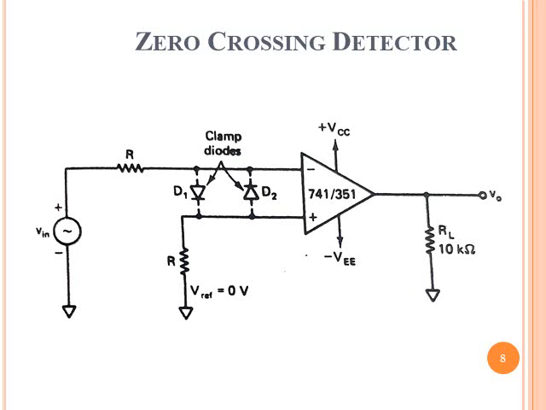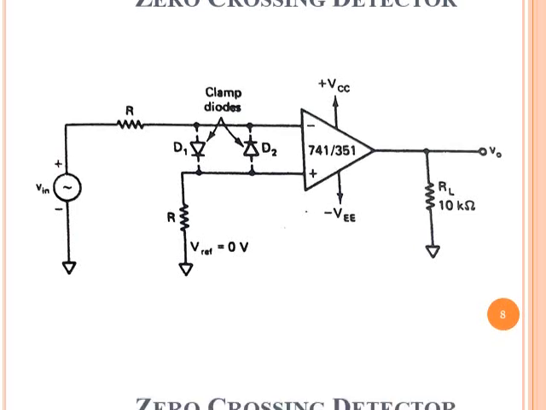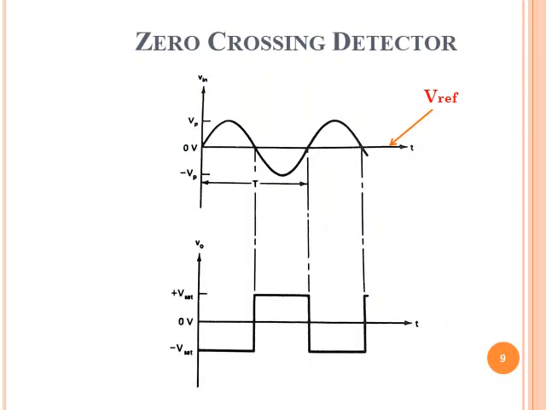Since in this circuit the input voltage is applied on the inverting terminal, it is an inverting comparator. For this waveform, we can see the 0 voltage line is also a reference line, and the sinusoidal input signal is compared with this reference voltage.